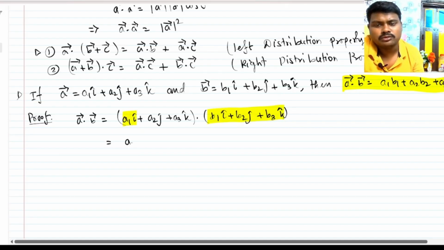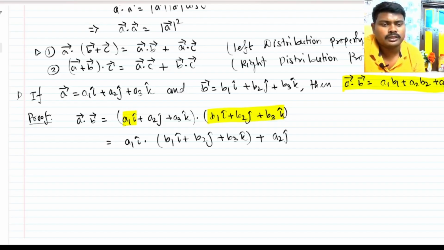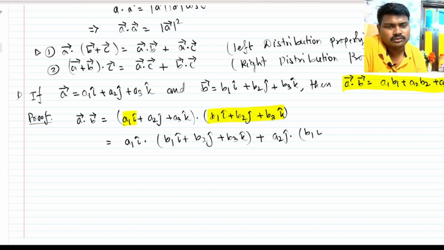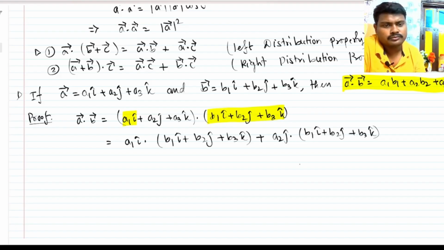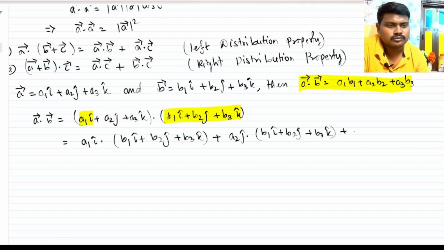Then it will be equal to a1 I cap dot b1 I cap, b2 j cap, and b3 k cap. Similarly, a2 j cap dot the same expression. Here a1, a2, a3, b1, b2, b3 are all scalar quantities. Plus a3 k cap dot b1 I cap plus b2 j cap plus b3 k cap.